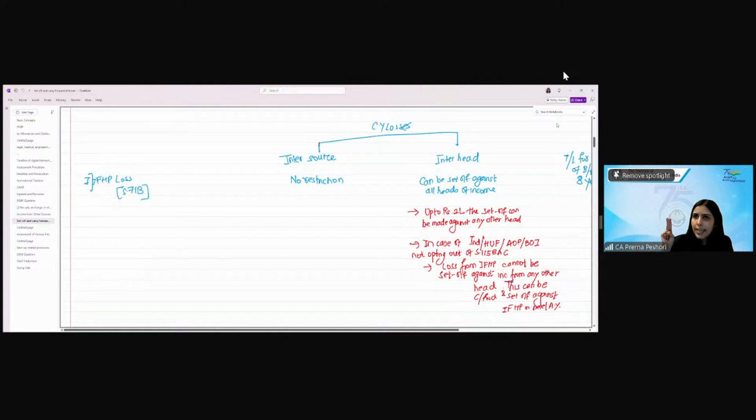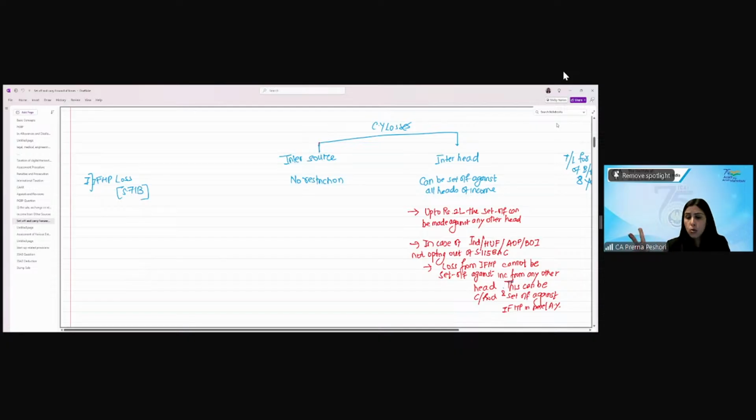Current year I'm talking about. Can I set it off against the other head of income if I'm going as per 115BAC? Can I carry it forward? Yes. Next year, again I have 5 lakh rental income. Can I set off the past year's 2 lakh rupees? You can, in the next assessment year, against only the IFHP. You cannot, under 115BAC, set off the self-occupied property loss against any other head of income. Are we clear?